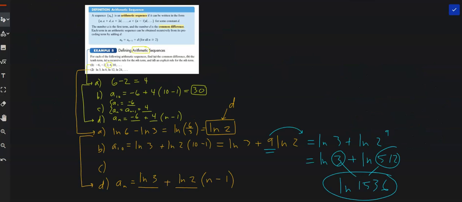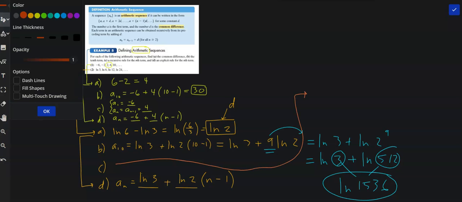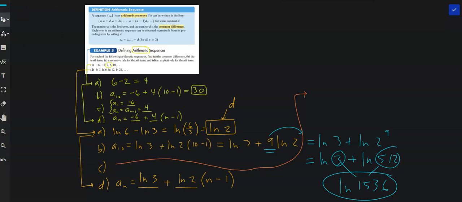All right, so we got natural log 1536 on that last question. We didn't, however, write the recursive formula, which would be kind of weird to write. Let's see, I'm going to have to switch to a different color so it's easier for the people at home to see. Two parts, right?